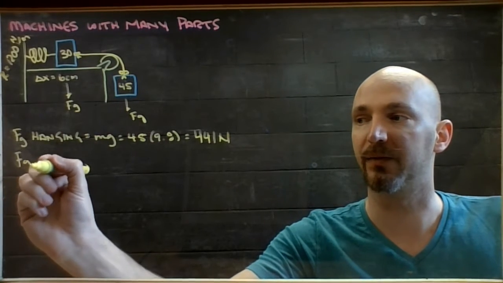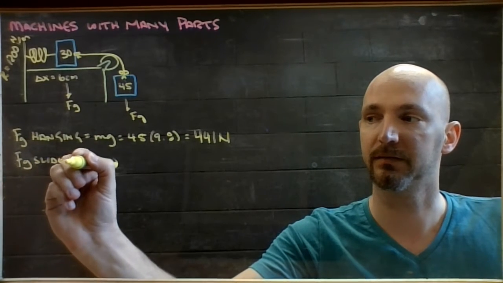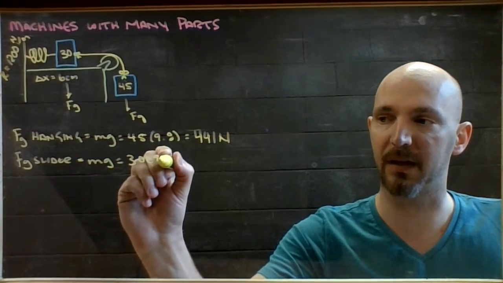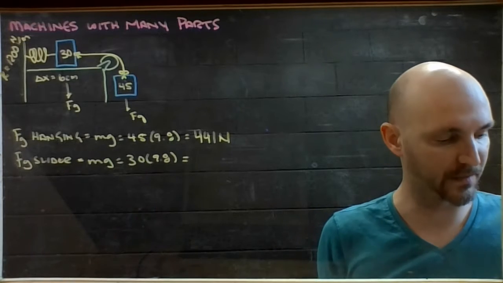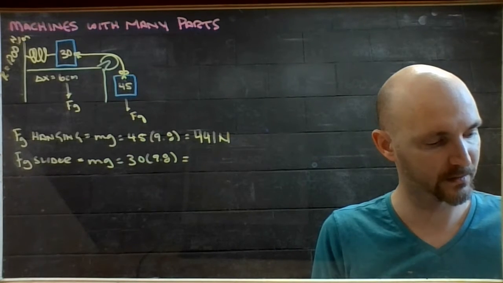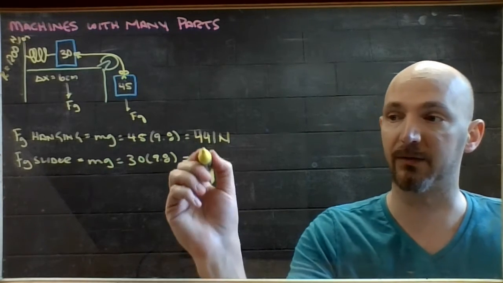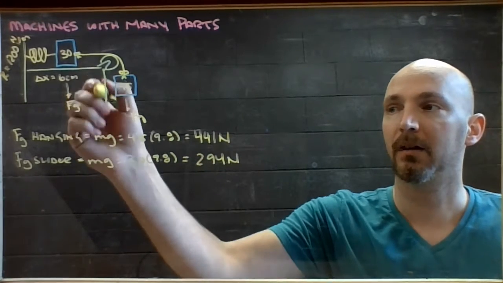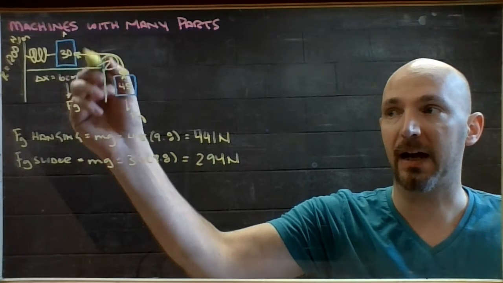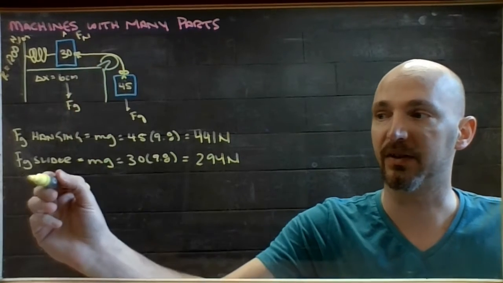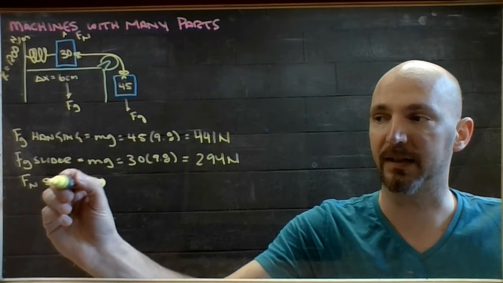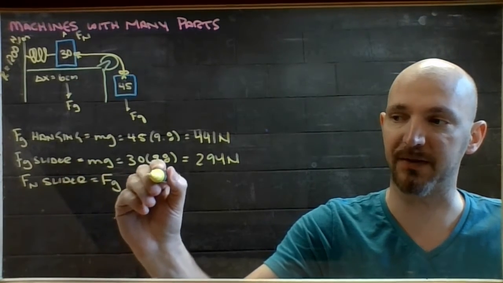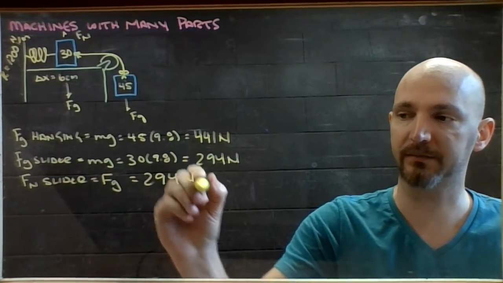Force of gravity for the slider would be mg, which is 30 times 9.8, which gives me 294. The normal force is going to match this force of gravity, so I can just jot that in there. Normal force acting on the slider equals Fg, which happens to be 294 newtons.